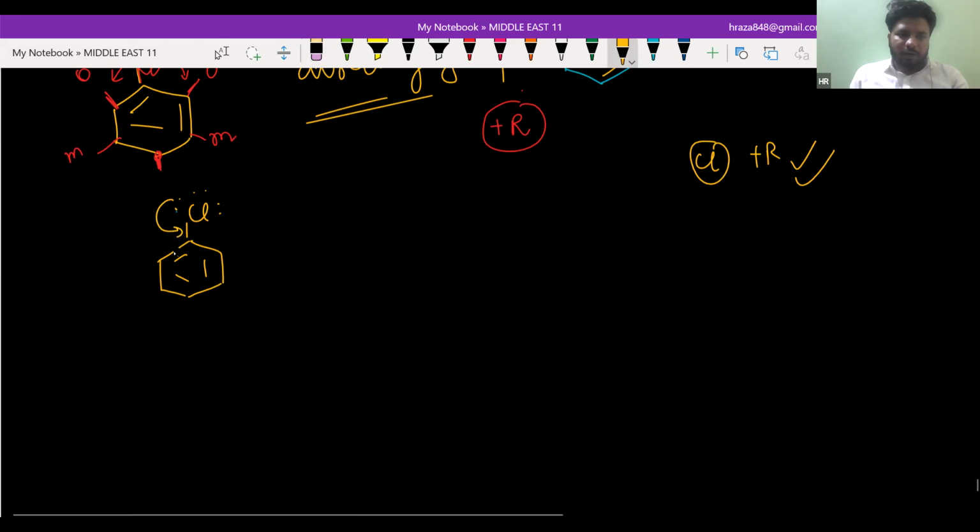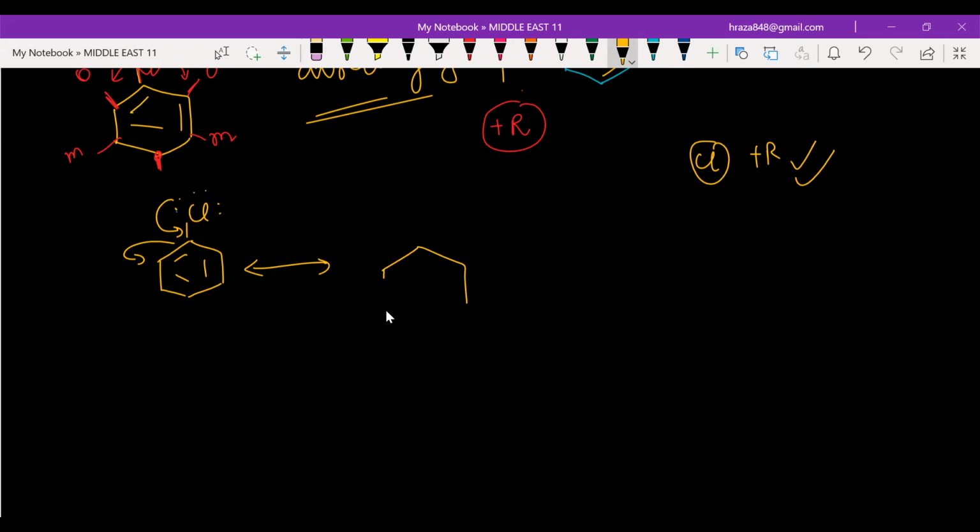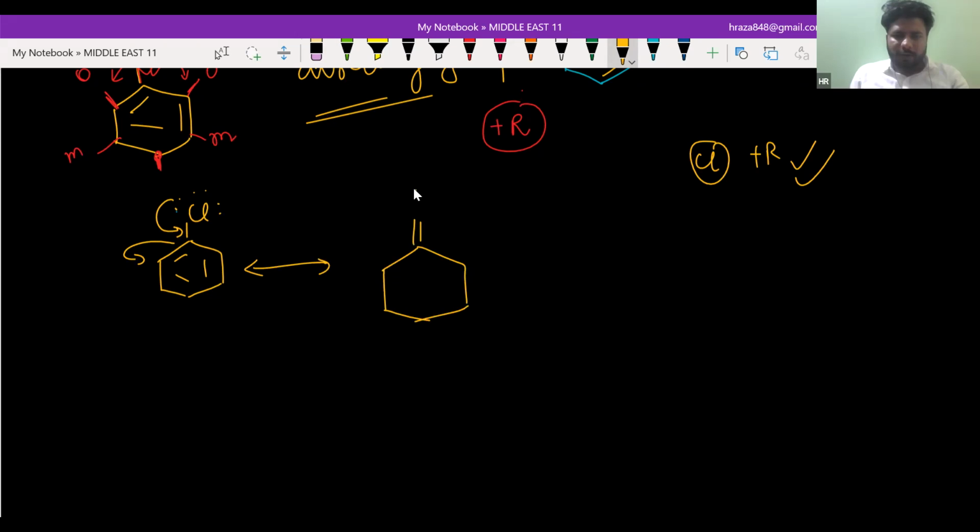So this will move like this, right? And you can see here it will be doubly bonded and here it will be positive, and the negative charge will be here.